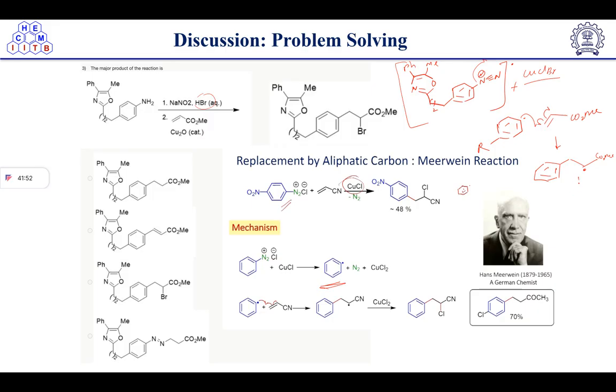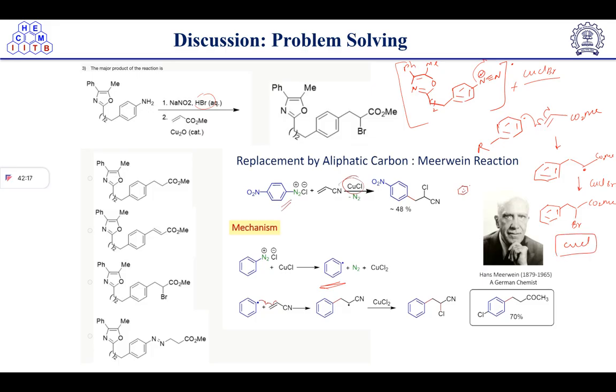And now we have copper chloride bromide, right? It will form a complex, reductive elimination will take place, and bromide radical will be donated. And it will become bromo CO2Me, and copper plus one will get regenerated.